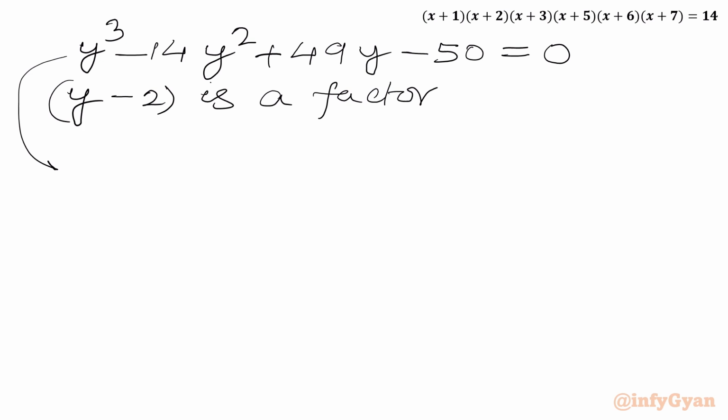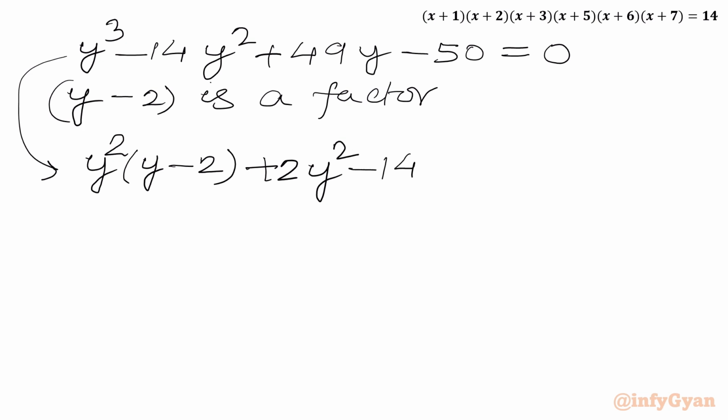So I can write our cubic as y³ can be written y² times y, and that y I will replace with our factor y - 2. Now y² times y is y³. Then we have -2y² extra. So I need to compensate that -2y² by adding 2y².